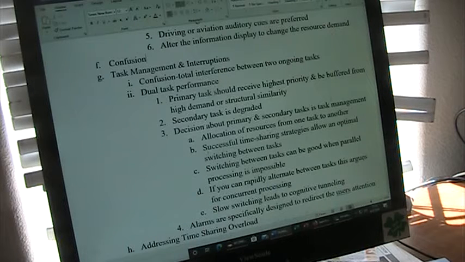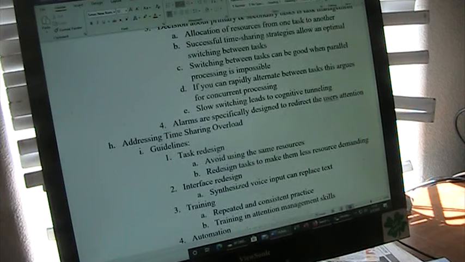If we're going to have a successful time-sharing strategy, that is going to allow an optimal switching between our tasks. Now, switching between tasks can be good if parallel processing is impossible, in that case of structural similarity, where both tasks need to use the same resources.